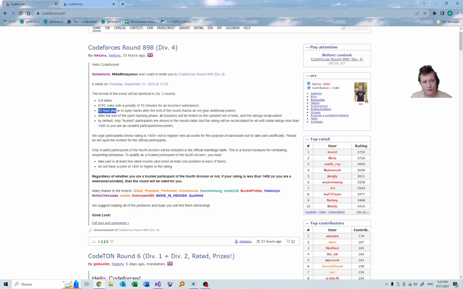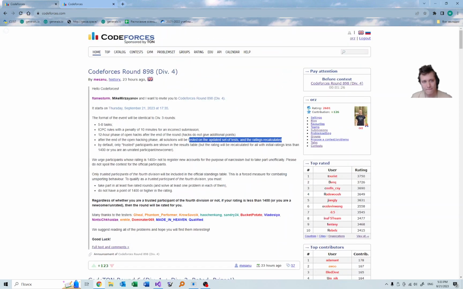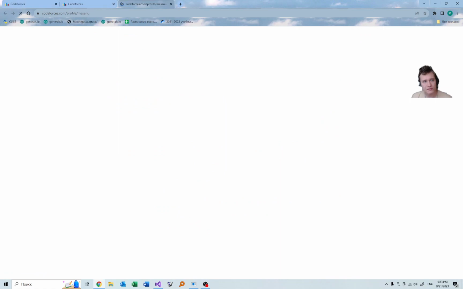There is a phase of open hacks after the end of the round, not giving additional points. After the end of the open hacking phase, all solutions will be tested on the updated set of tests and the ratings recalculated. Have there been a lot of Div 4 rounds?